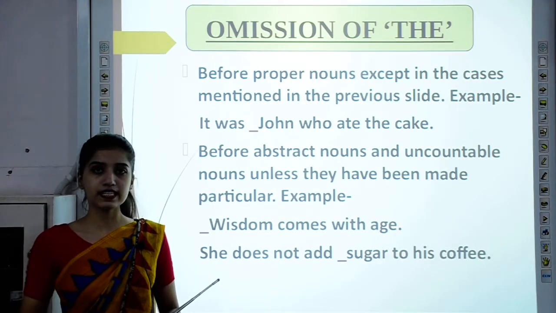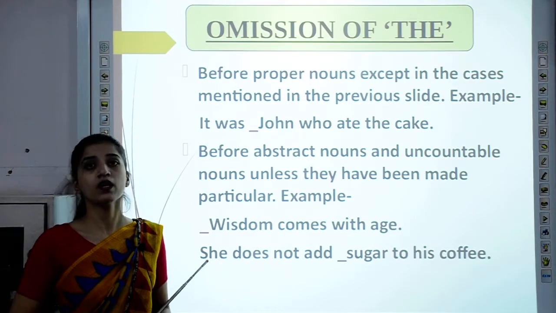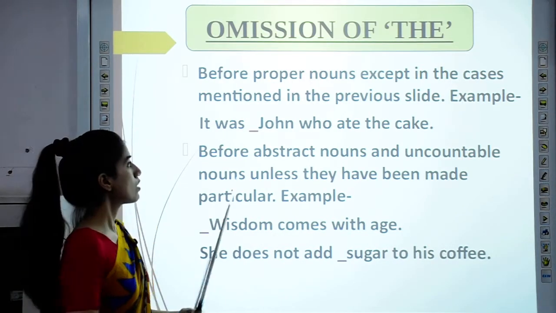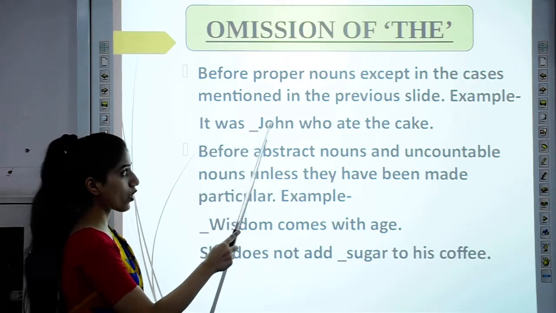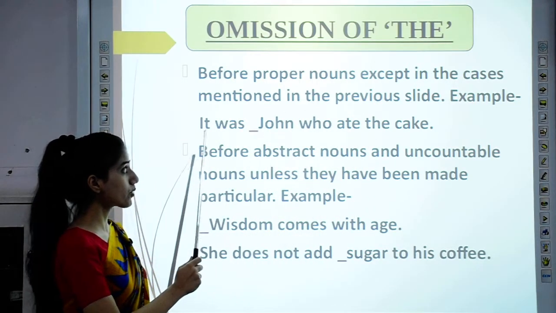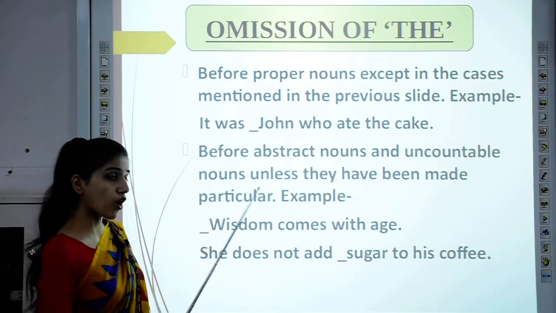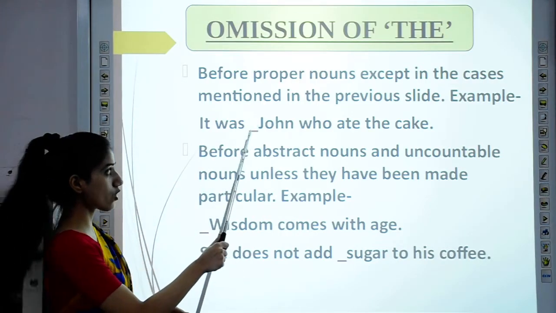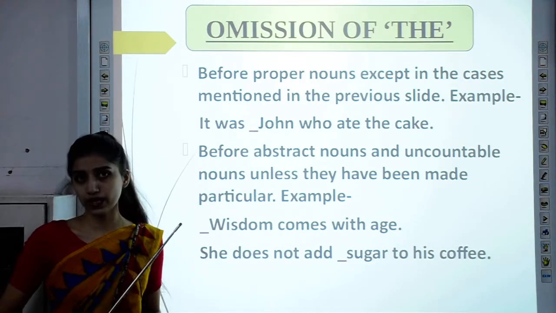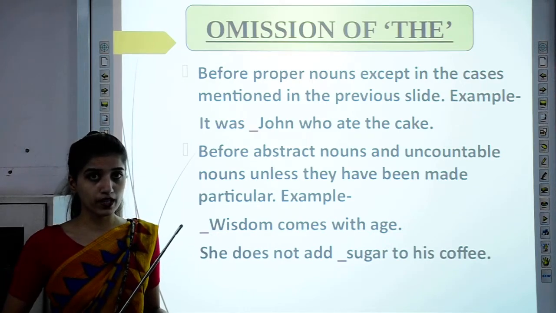Other than those cases we will not use "the" before proper nouns. So, "It was John who ate the cake." I am not saying "the John". Though John is a proper noun, "the" is not coming over here.